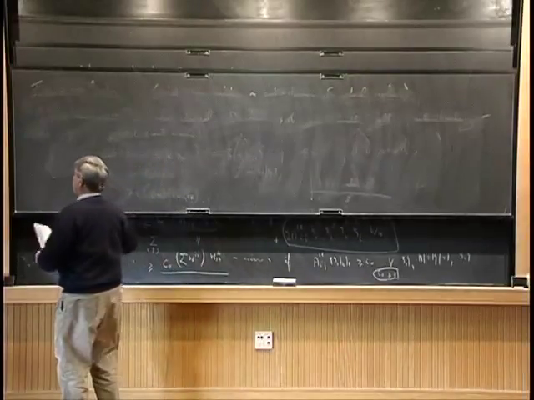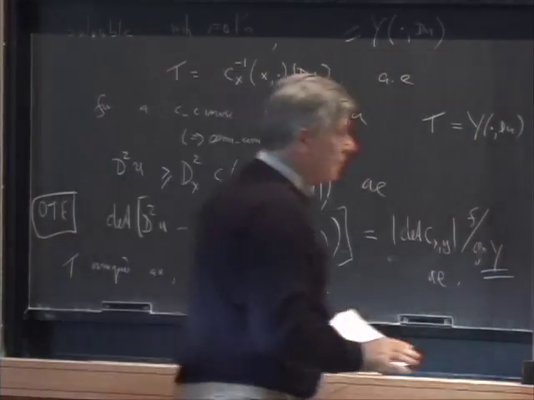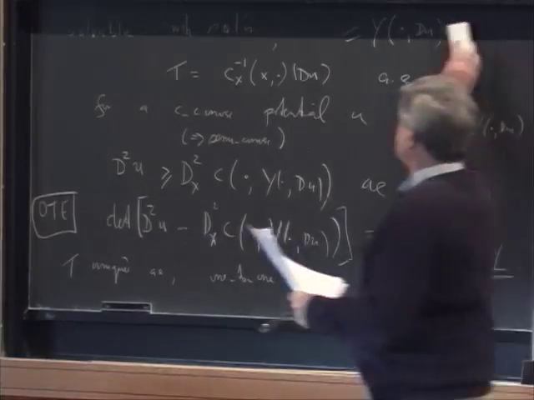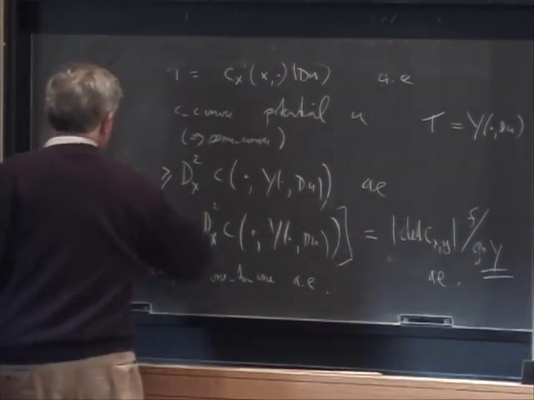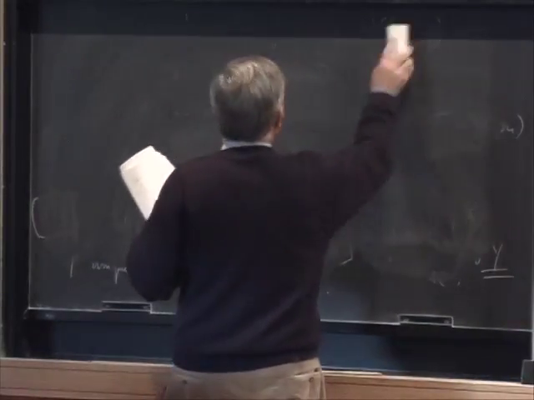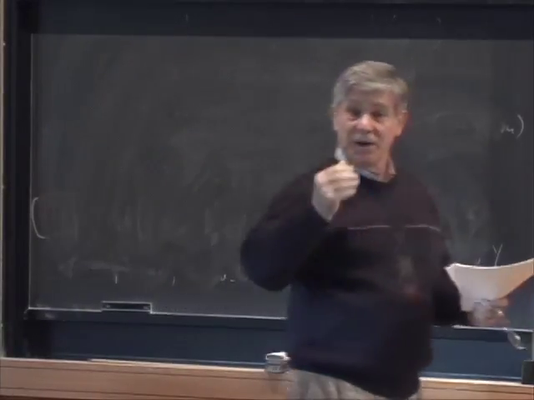So let me just come back here. Before, I had a mapping T, and the mapping T was only defined almost everywhere. But basically what I'm doing now is defining it everywhere. So it's defined as a multi-valued mapping at the singular points.